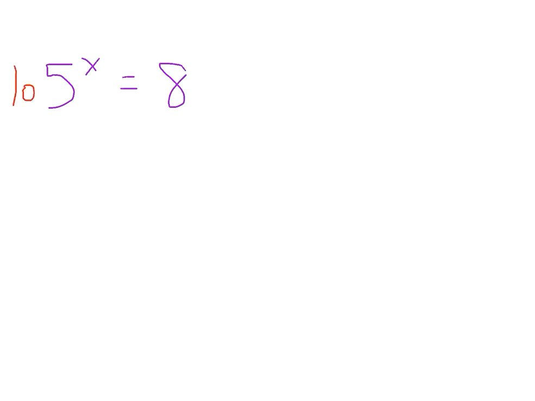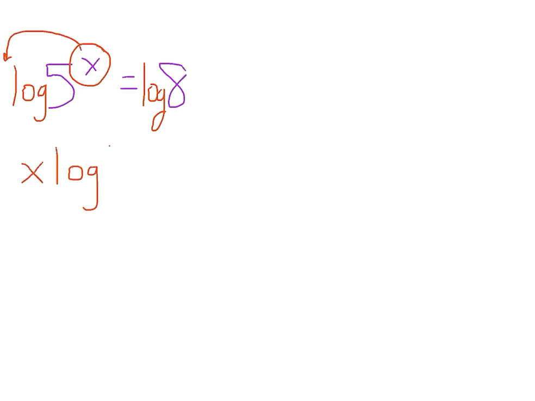I have to put a log into both sides. And the reason why I do that is because of those laws. Now I can put the x from the exponent where? I can bring it to the front. So I end up with x log of 5 equals the log of 8.